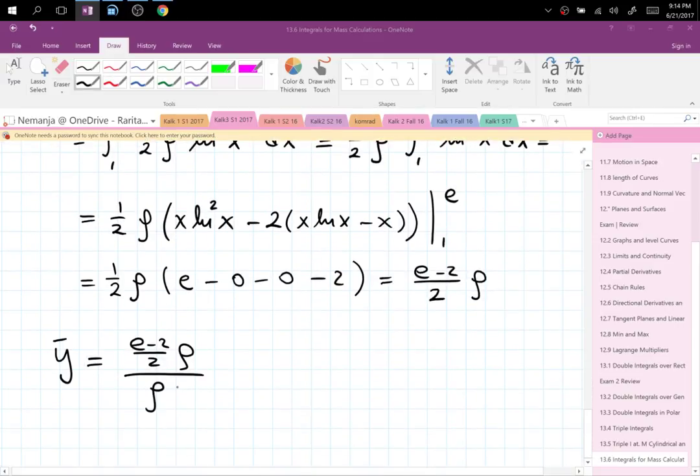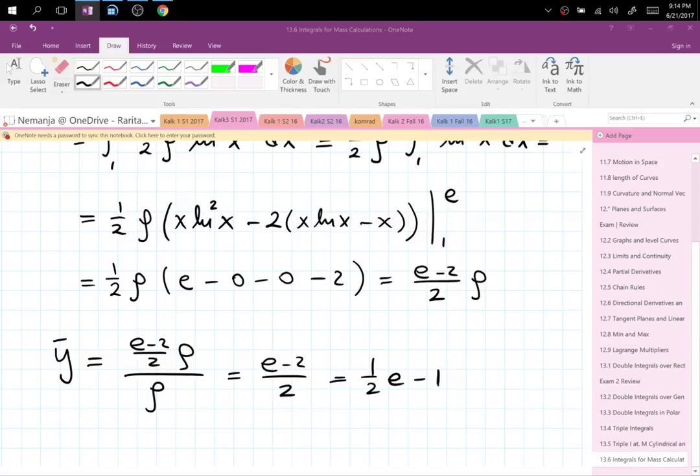Just rho, which is e minus 2 over 2. Also, you can write 1/2 e minus 1 if you want to, whatever makes you happy. E is about 2.7, call it 2.8 to calculate easy. 2.8 divided by 2 is 1.4, minus 1 is 0.4.